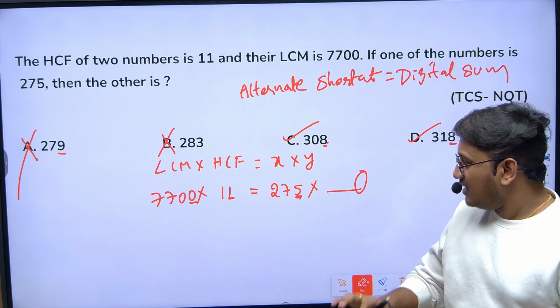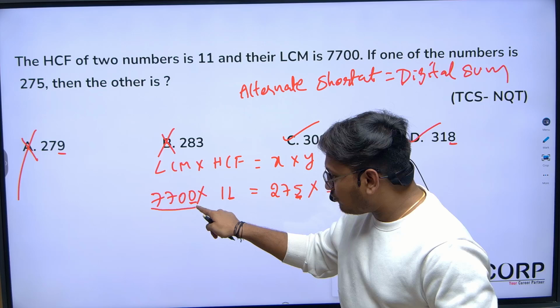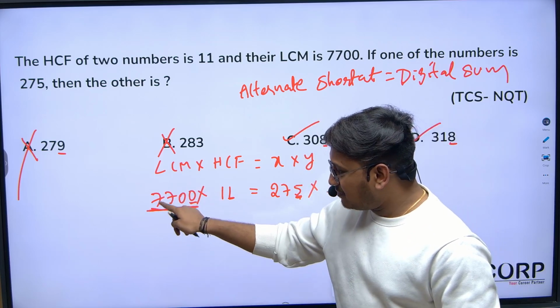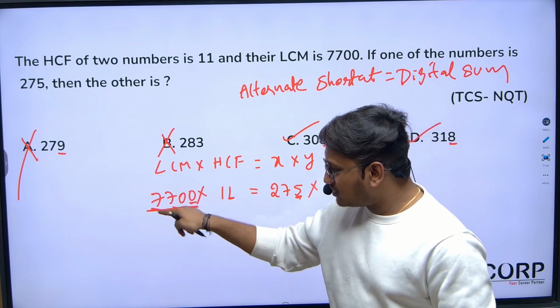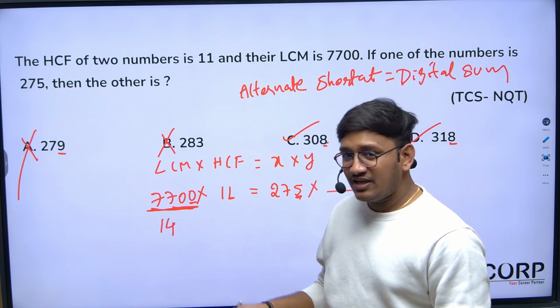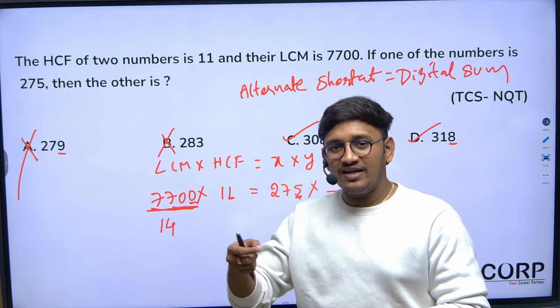What the digital sum actually is, you just add the values of all the digits in this particular number. Let's say 7 plus 7 plus 0 plus 0. If I add all the digits, 7 plus 7 is 14. Now the actual value is 14, but digital sum means you should keep adding the digits until you get a single digit.